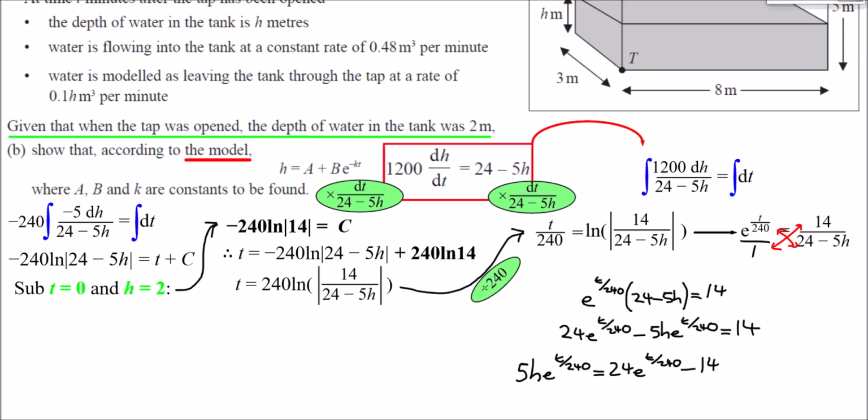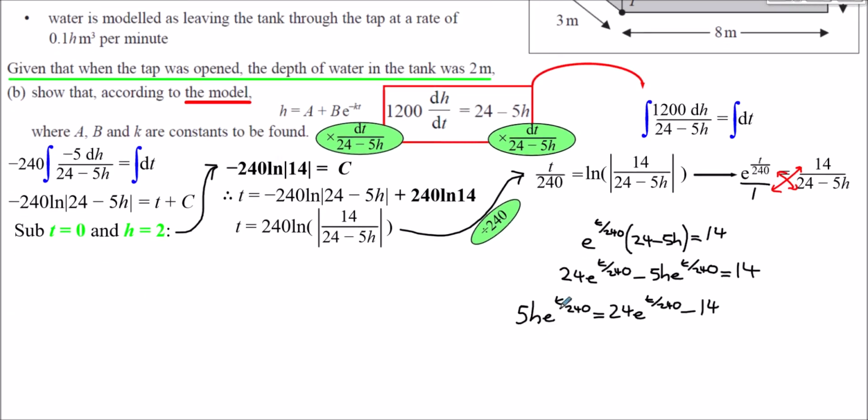So now I'm going to divide everything by e to the power t over 240. So if I do that as the next step, divide everything by this power of e, and I get 5h equals 24 minus 14.